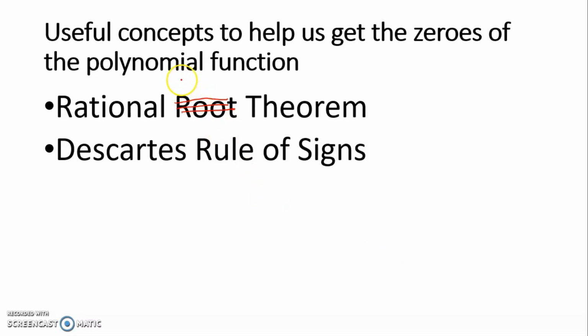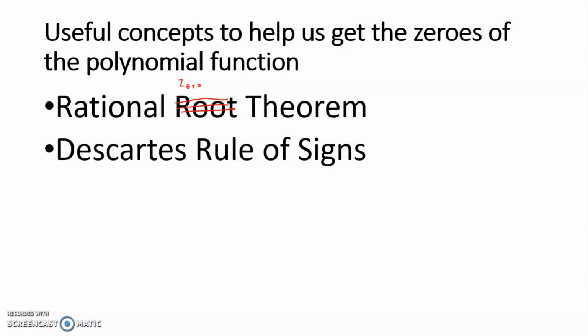But the concept is just the same. You get the factors of the constant term and you get the factors of the leading coefficient. And then you get the ratio or possible combinations of the factors of the constant term and the leading coefficient. And these are the possible rational zeros of a polynomial function.